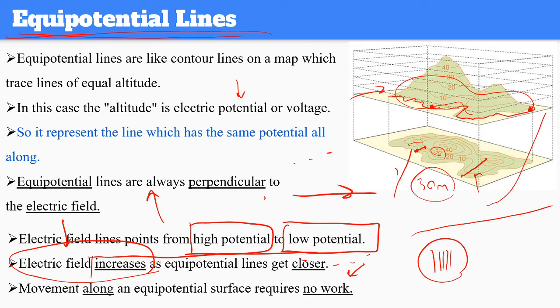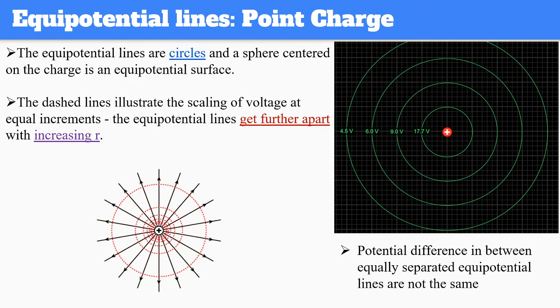So you are not going to need to do work against gravity, which acts on the vertical axis. Just like that, if you are moving along the same equipotential line, you don't need to do any work because there's no potential difference.